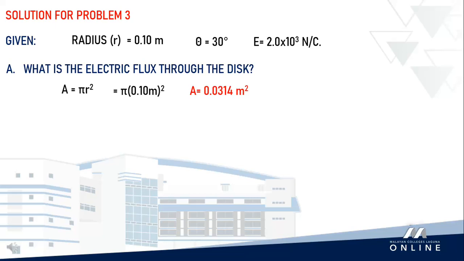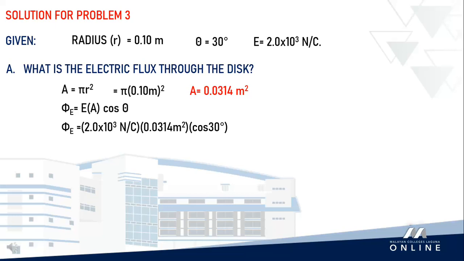Now that the variables in finding flux are all given, we can substitute these in our equation, EA cosine theta, which is equal to 2 times 10 raised to 3 newtons per coulomb times 0.0314 square meter times cosine 30 degrees.